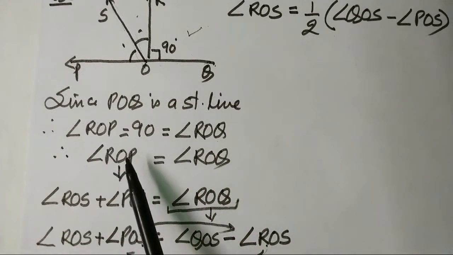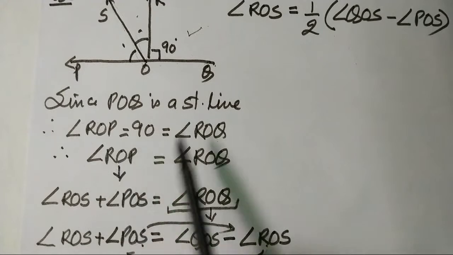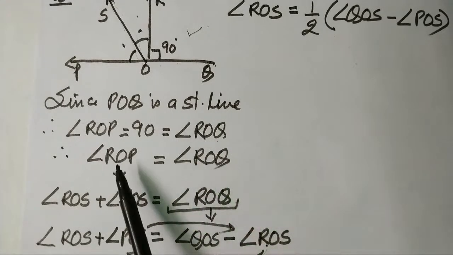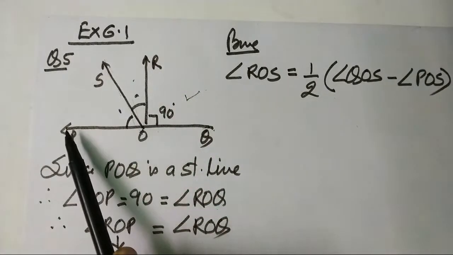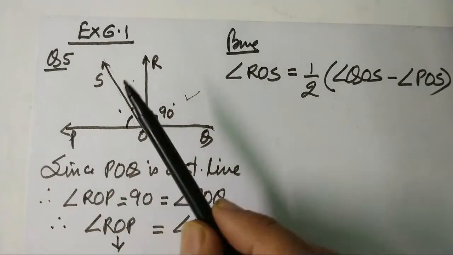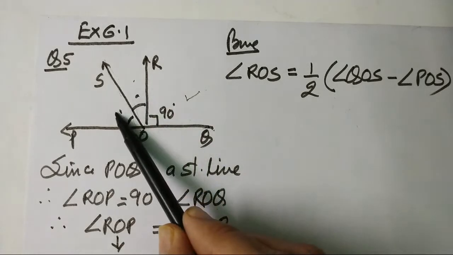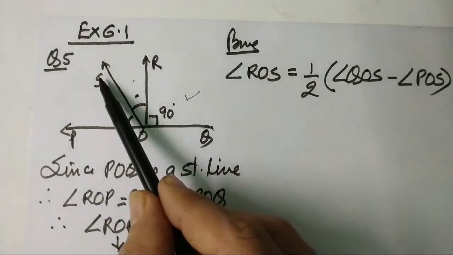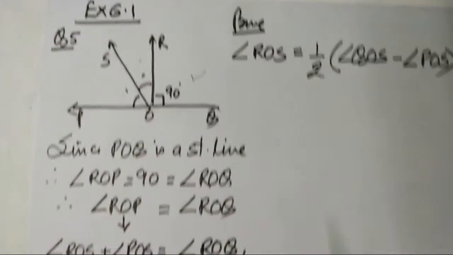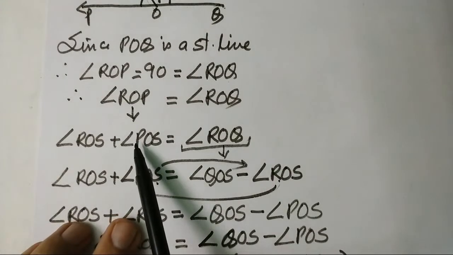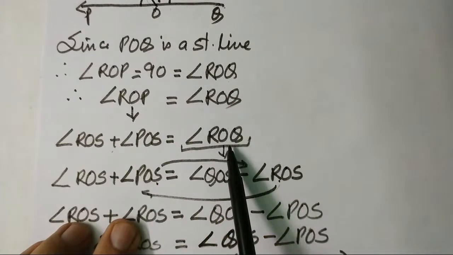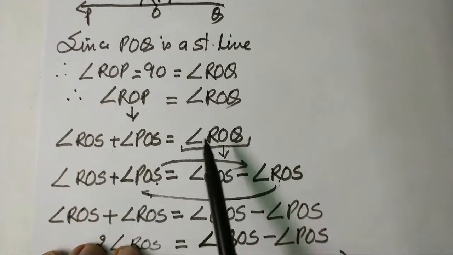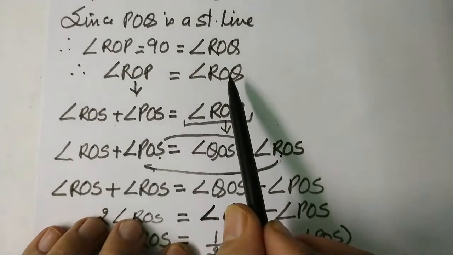Now I will replace the names on the left side and then on the right side. Angle ROP is made up of two angles, this angle plus this angle, so ROS plus SOP. So ROP becomes this and the right hand side remains as it is. After that we will change the right hand side.